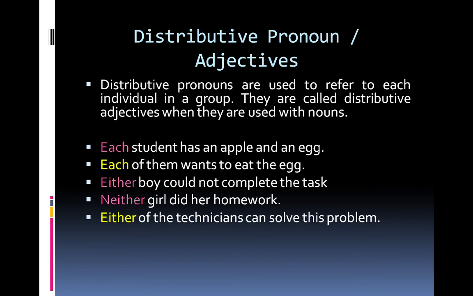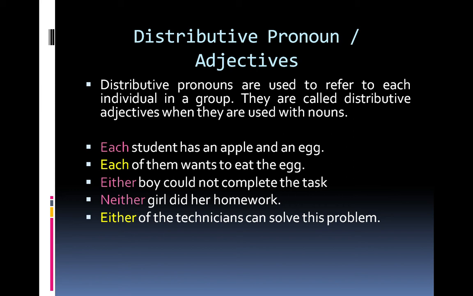Either of the technicians can solve this problem. Either is not being followed by a noun directly. It has been followed by a prepositional phrase starting with of. The noun technicians is the object of preposition of. It's an objective case. It can't be the subject of the sentence. Remember that a noun or a pronoun cannot be a subject and an object at the same time. So technicians is an objective case.